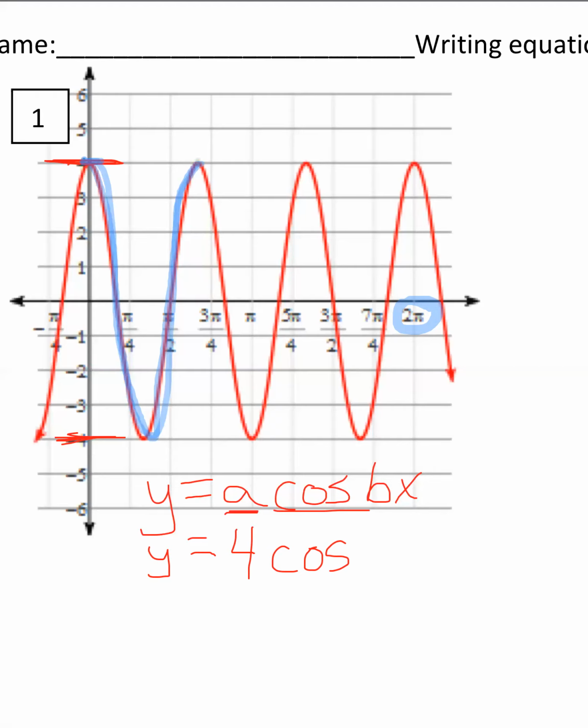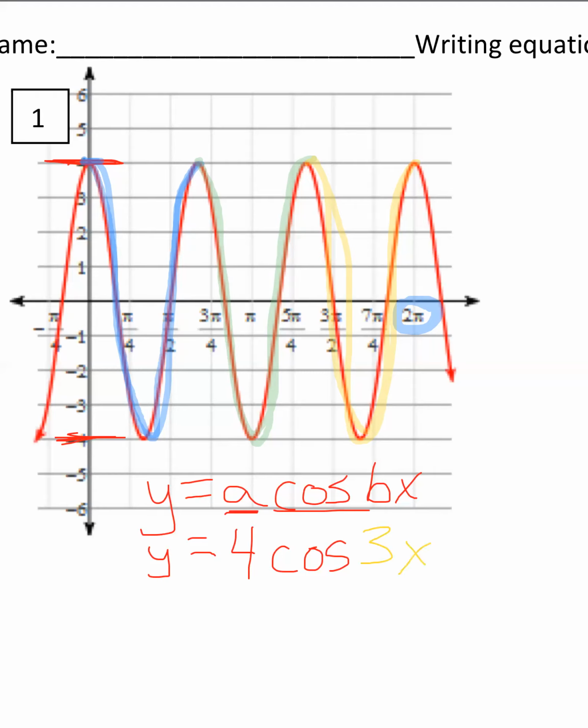Here is a second full cycle of the cosine curve, and I have a third full cycle. That means that b is going to be 3 in this case. So when I go to my equation, I just put in a 3x.